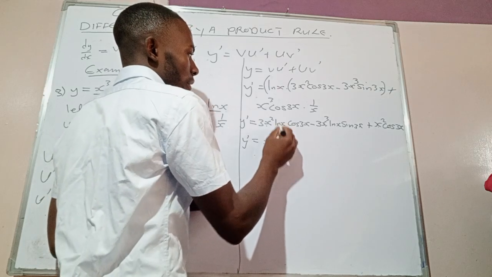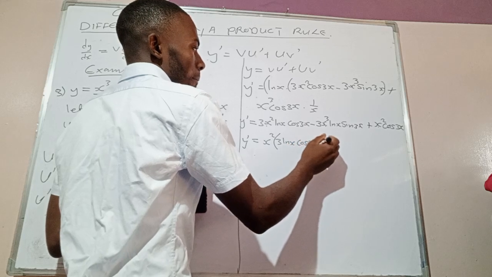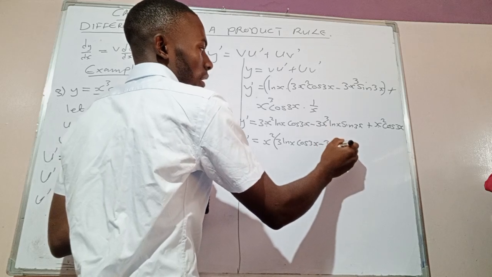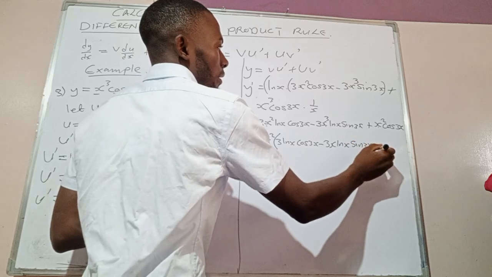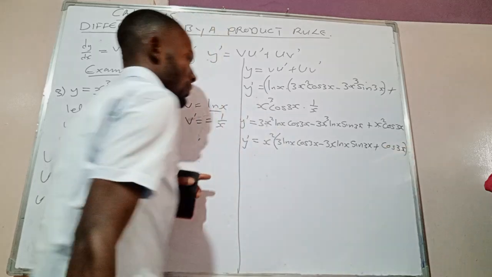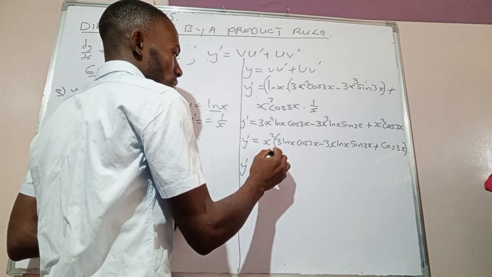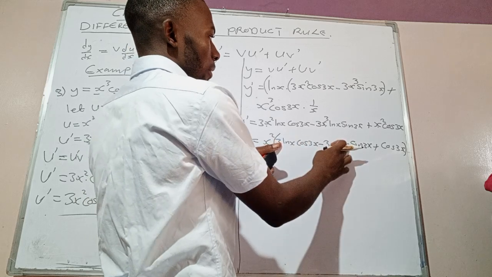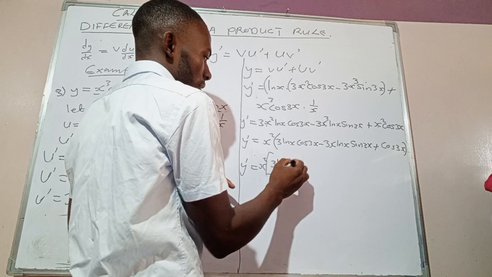So here you remain with 3 ln x cos 3x minus, you have 3 here, you remain with the 1x there, ln x sin 3x plus cos 3x, you close brackets. Then y prime is equal to x squared, we use the square brackets. So you can factorize 3 ln x.